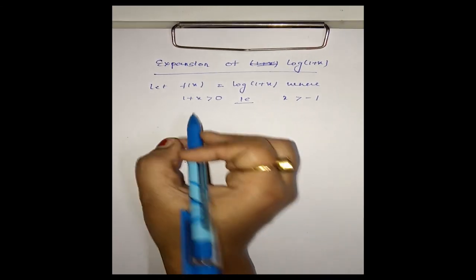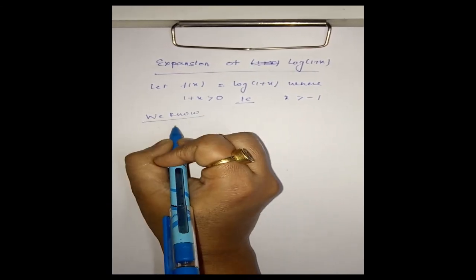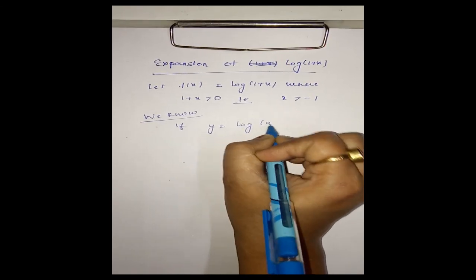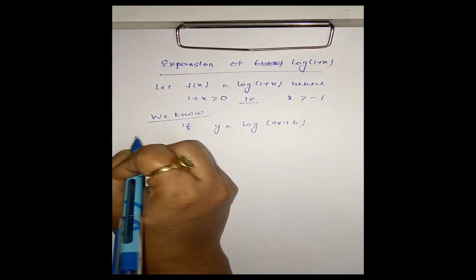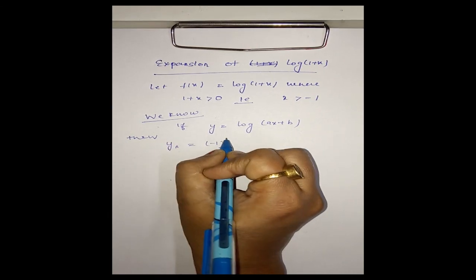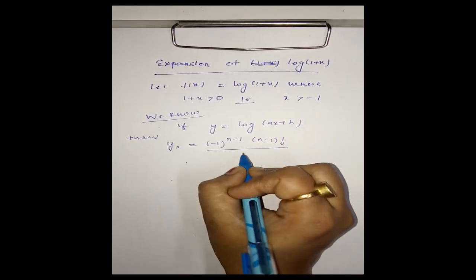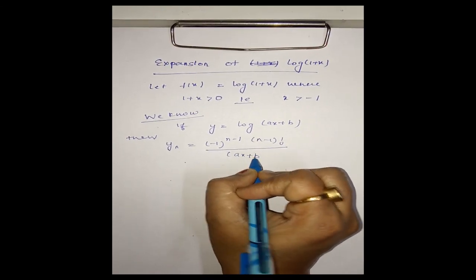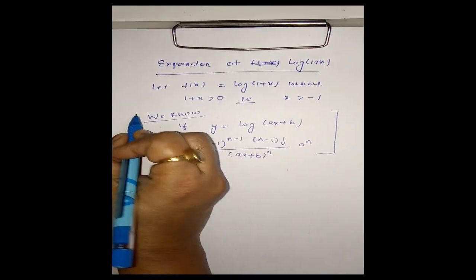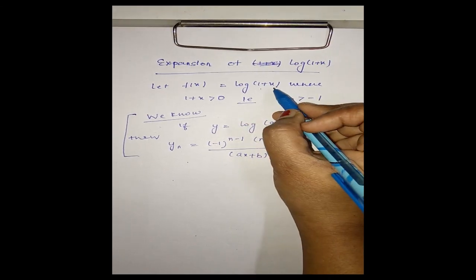Now we know from the nth derivative formula, if y is equal to log (ax plus b), then y_n is equal to (minus 1) power n minus 1 into n minus 1 factorial divided by (ax plus b) power n into a^n. We have this nth derivative. Now here we have a is 1 and b is 1.